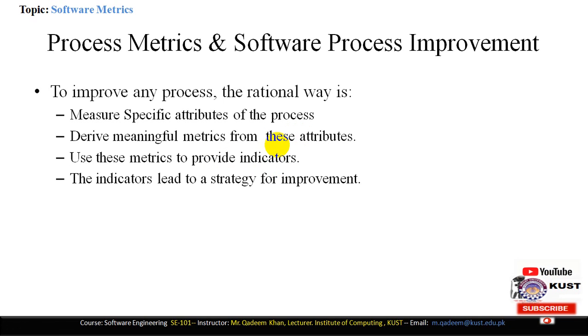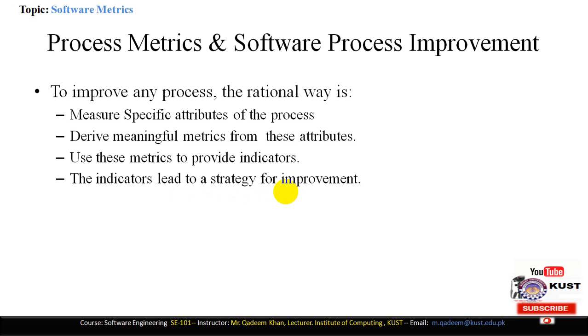So indicators help us to assess the process. The indicators lead to a strategy for improvement, and these indicators are later used for the improvement of the software process, because the project manager next decides, based on these indicators, whether we have to follow this process or switch to a new process.